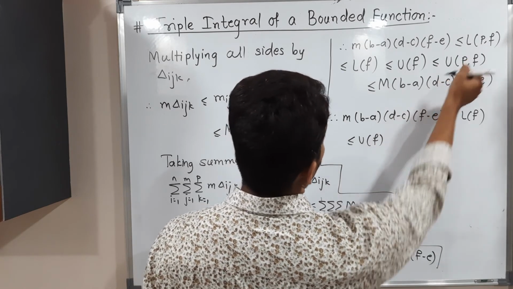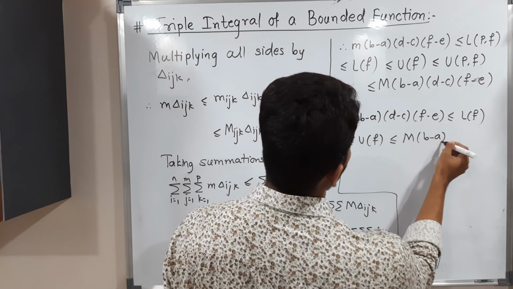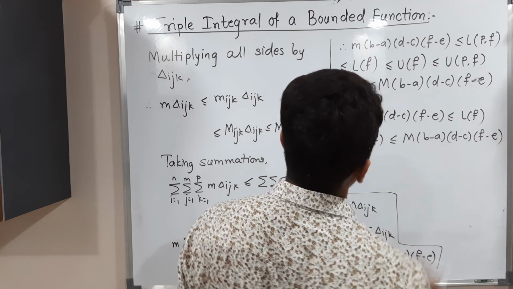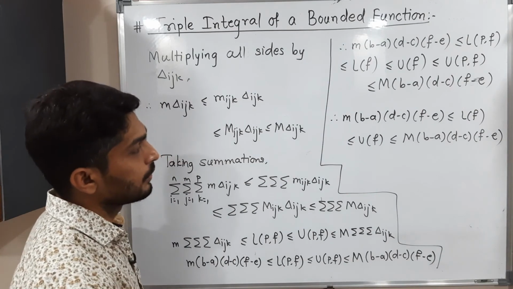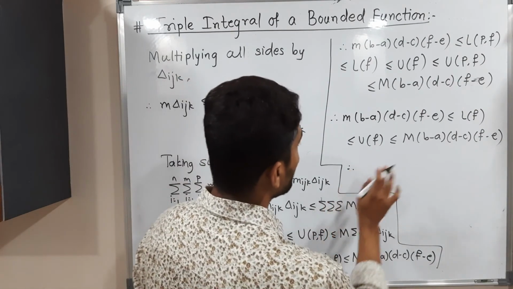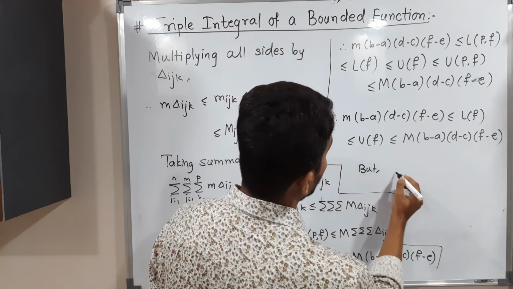Again it is not required, I will drop it, less than or equal to M times b minus a, d minus c, f minus e.